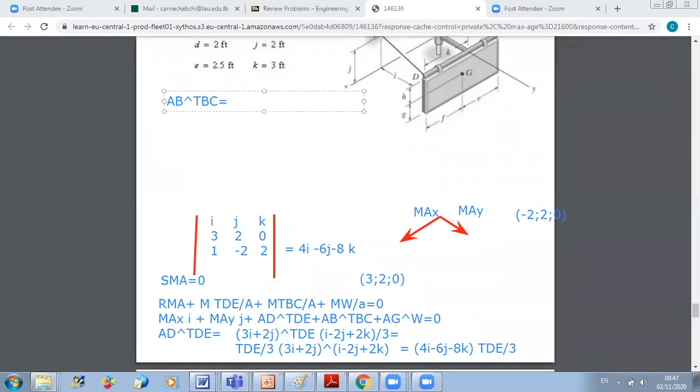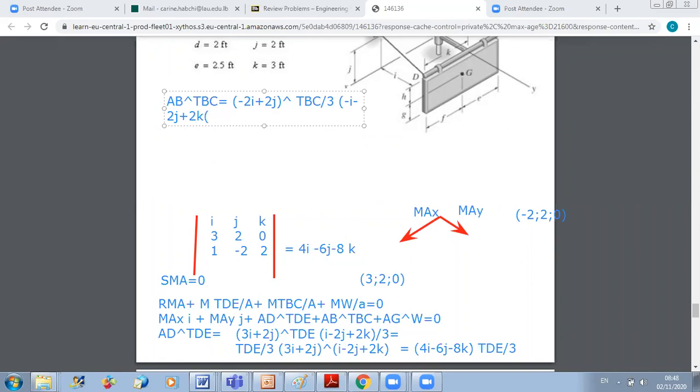I have the vector AB is minus 2i plus 2j. Vectorial vector TBC is TBC over 3 times minus i and minus 2j and plus 2k.